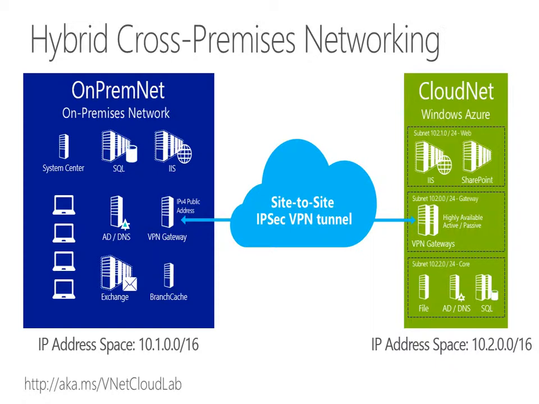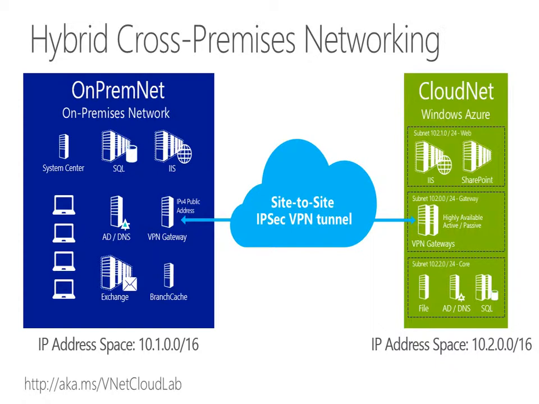You may want to leverage those resources as really a secure extension of your on-premises network. And that's where Windows Azure provides virtual networking. So I would definitely make sure as part of your planning that you check out the site-to-site virtual networking capabilities of Windows Azure, as well as any other cloud platforms that you're evaluating.